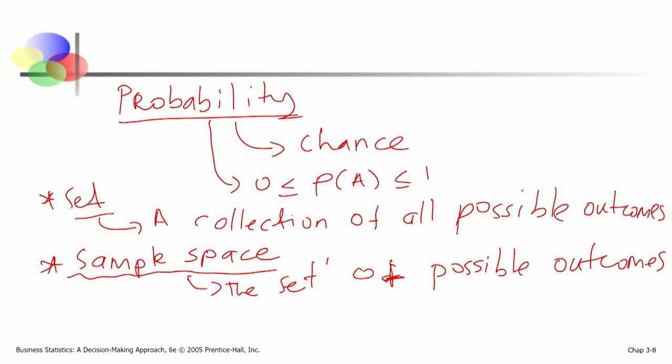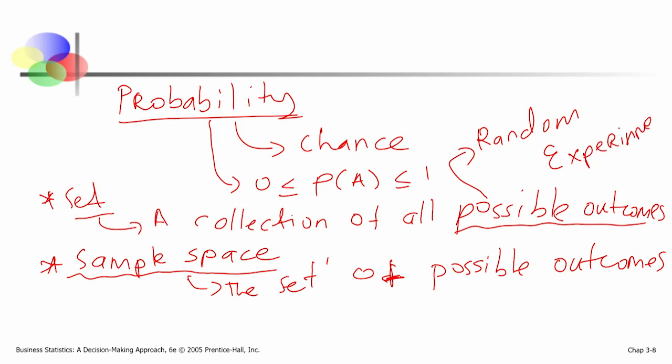Okay, now I want to make something clear here. If you're talking about all possible outcomes, these outcomes come from random experiments, right?